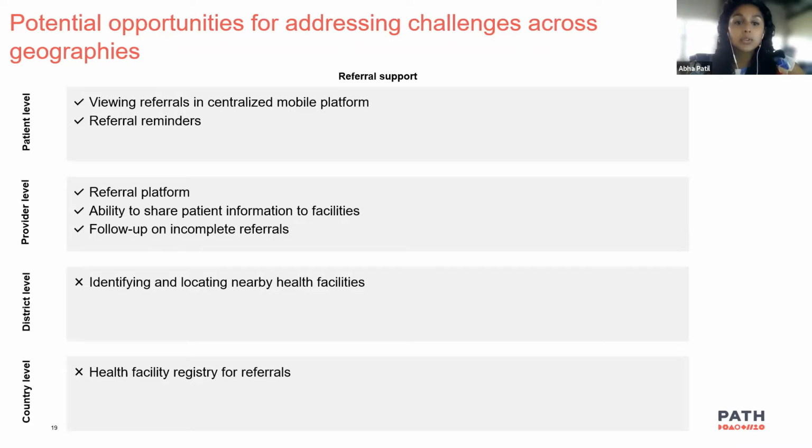And some opportunities that our team had identified were, at the patient level, viewing referrals in centralized mobile platforms or receiving referral reminders. At the provider level, having a more comprehensive referral platform available, the ability to share patient information between facilities, and the ability to follow up on incomplete referrals.